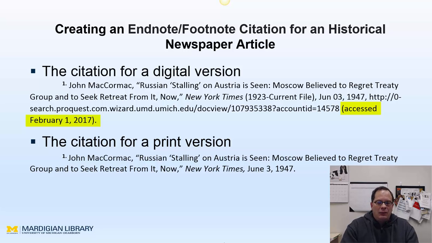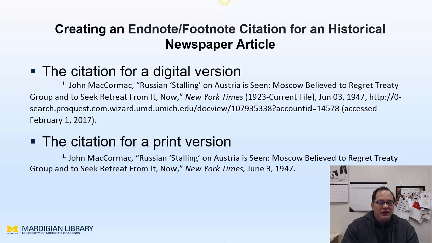Okay, now this again is for an authenticated database tool that you're getting this material from. Now let's say you found an article from the New York Times from recent times or from current times. Well, you would not have to list many of the things here on the screen.